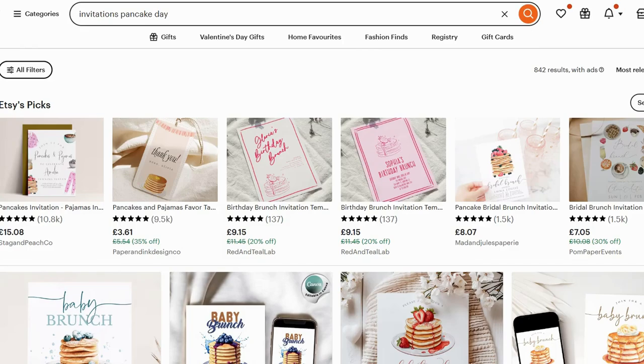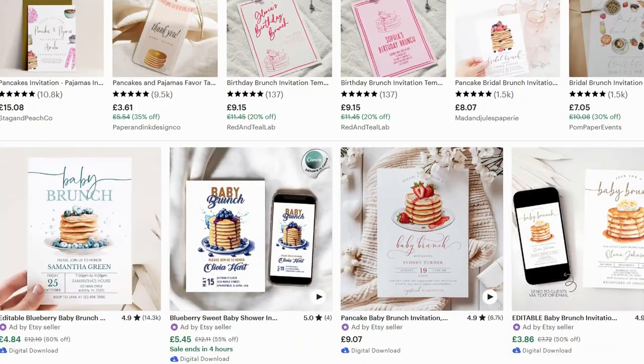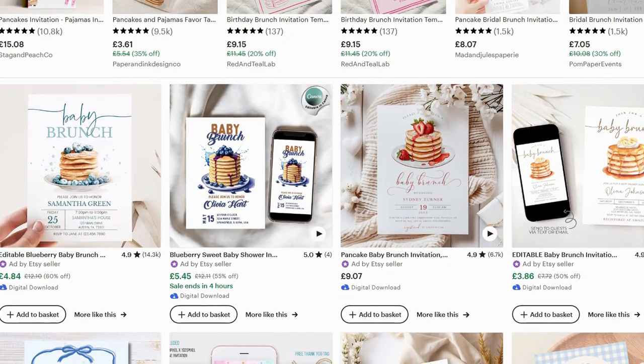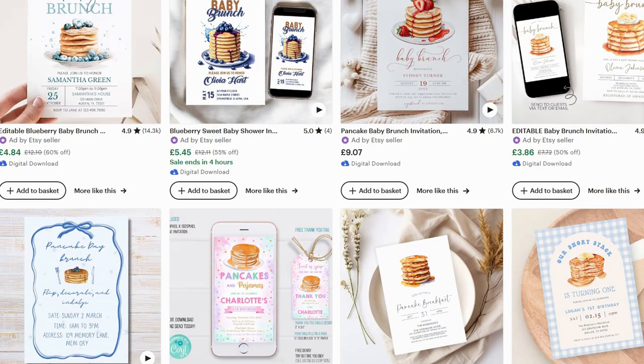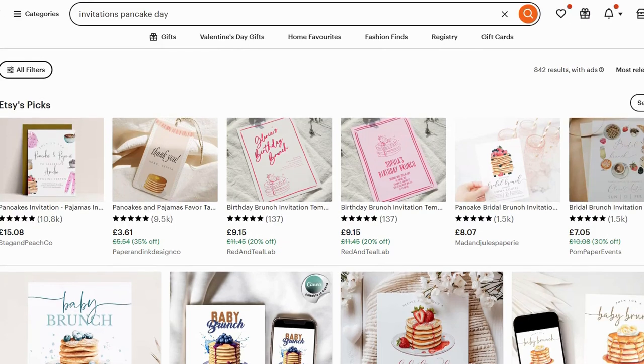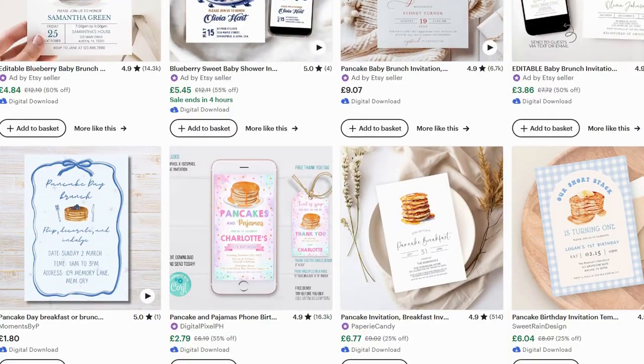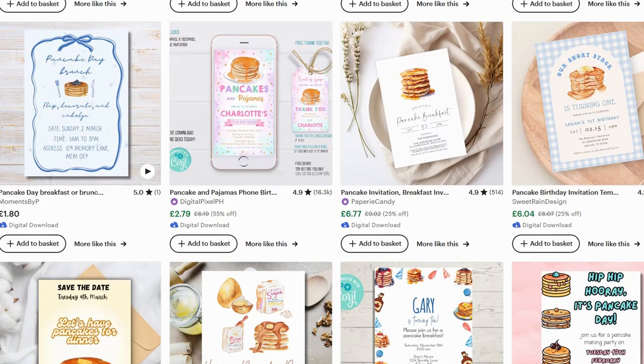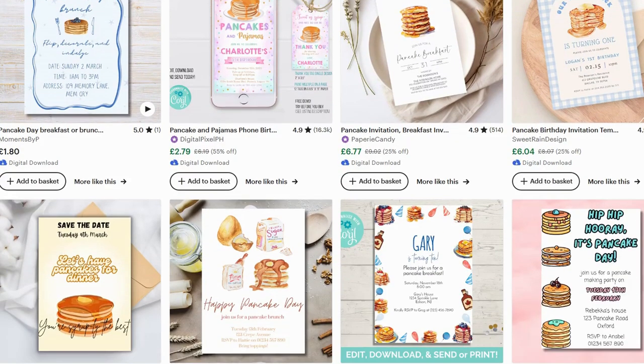So invitations pancake day. Look what we're seeing now, only 842 results. So this could be a potential high demand, low competition niche that we are looking for. Scrolling through, it looks like it's for a baby shower, baby brunch. So people are looking for invitations for pancake day, but it looks like the only invitations that we're seeing are for birthdays and for baby showers.